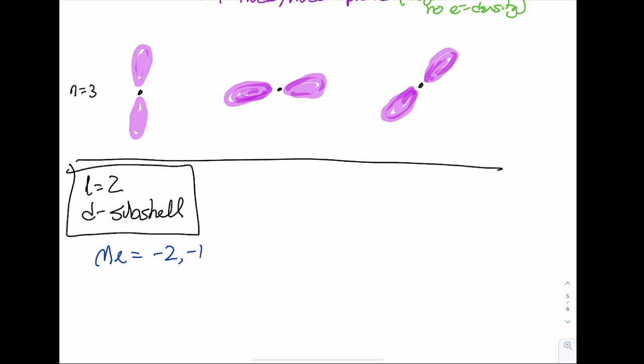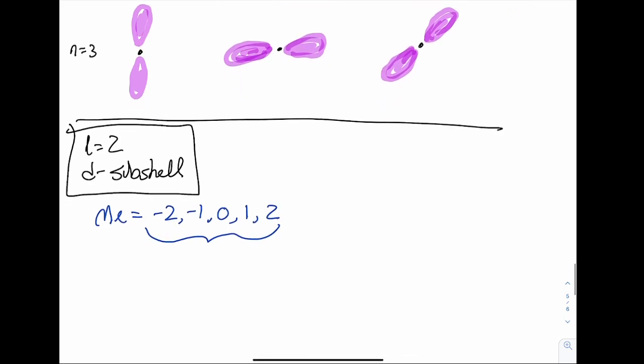Good, -2, -1, 0, 1, and 2. This time I have 5 numbers there, so 5 orientations. So there's 5 d orbitals per subshell.